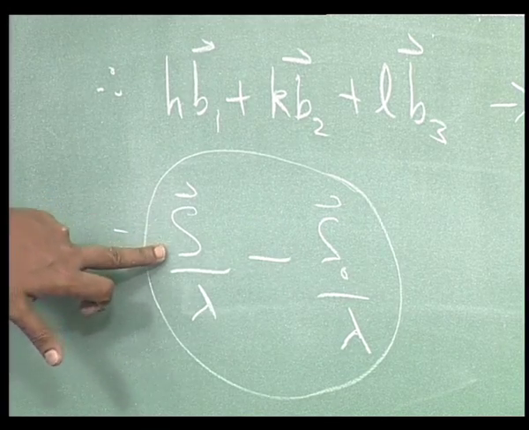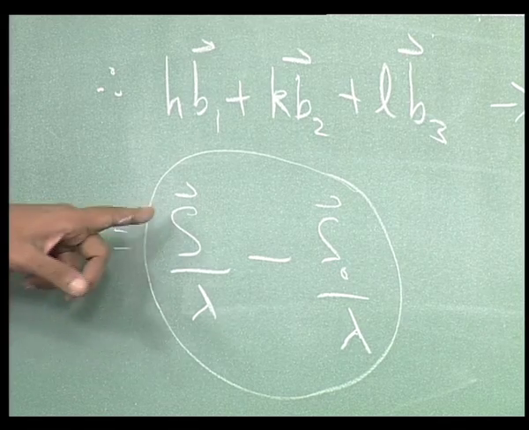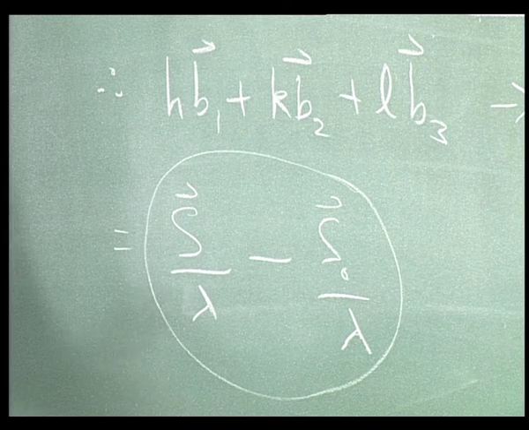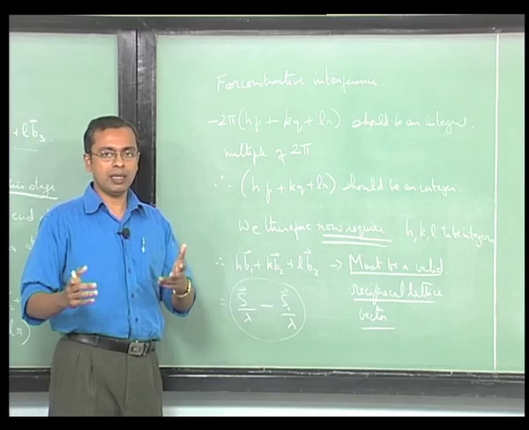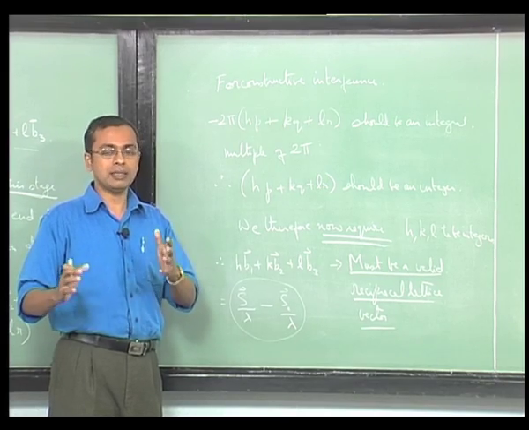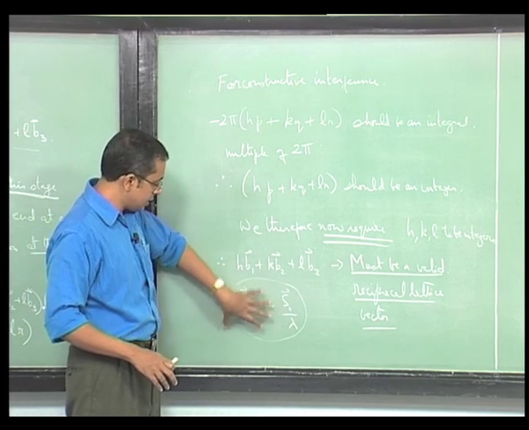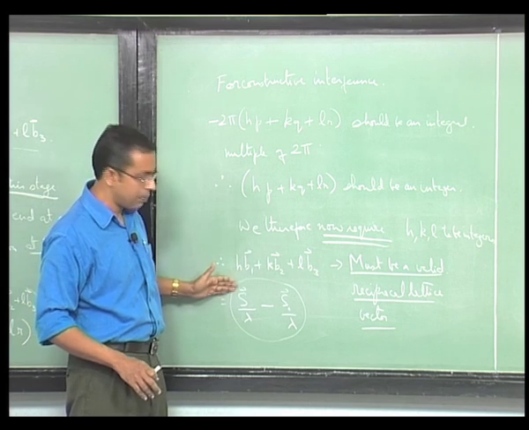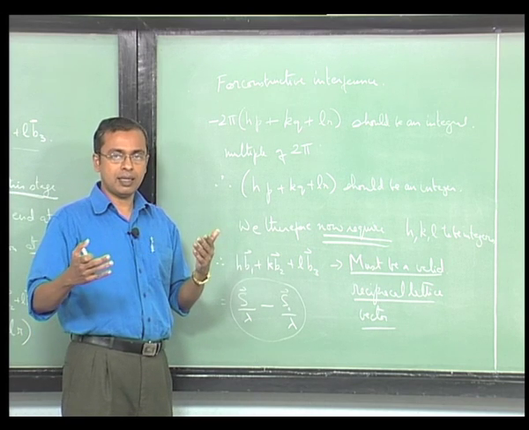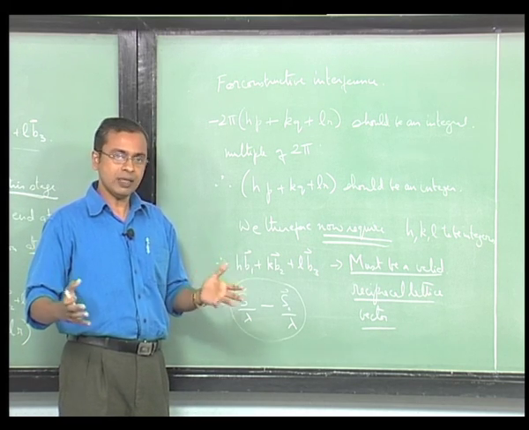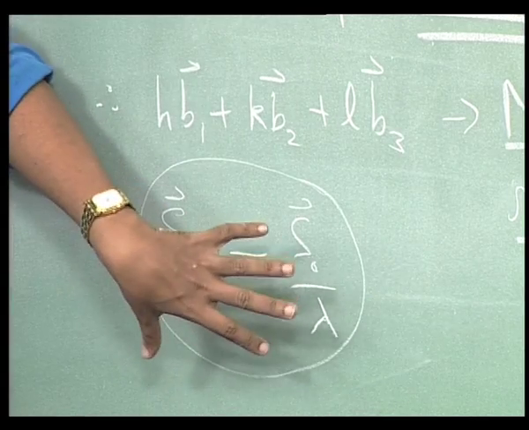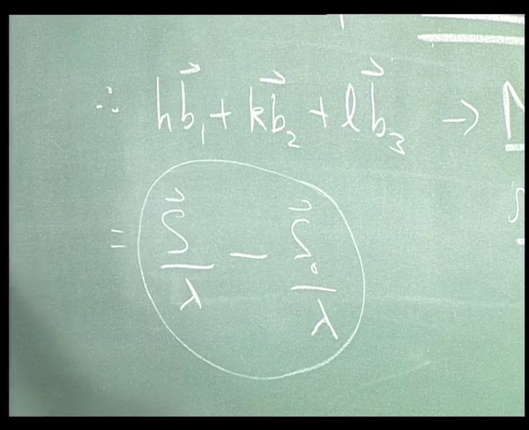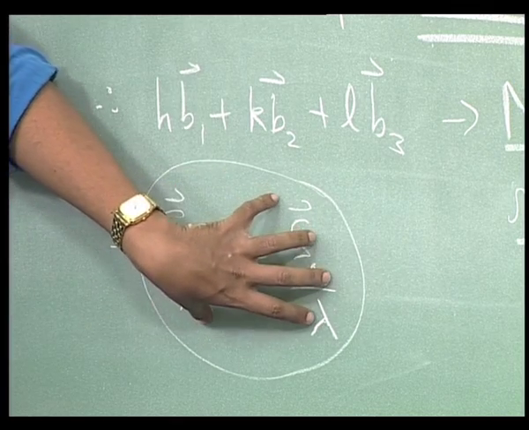This is the diffracted beam: S is its direction, and 1 by lambda is the wavelength of that diffracted beam in reciprocal space dimensions. So this gives us all the properties of the incident beam as well as the diffracted beam in the reciprocal space notation. All of the wave information is here, regardless of where the wave came from or what the origin of the wave is; that is irrelevant to us.